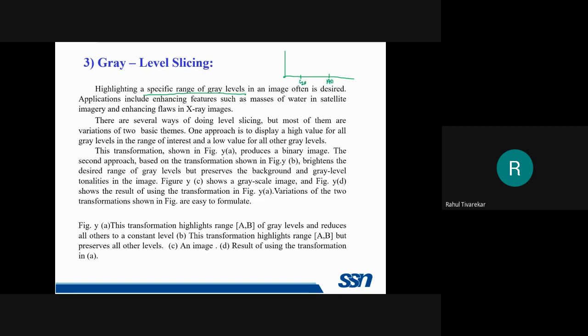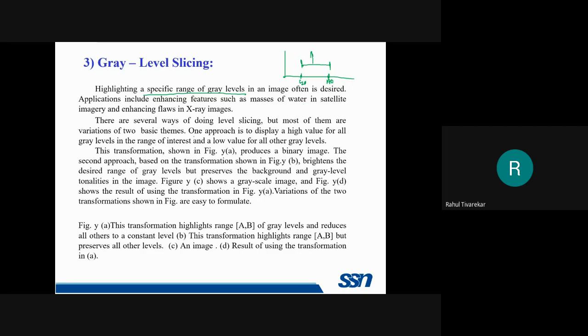So you enhance or amplify the gray intensities in this range, and you keep all the other gray intensities either constant, or you reduce them. Both ways you can do gray level slicing. This is called slicing of gray levels. You take a slice of gray values between 50 and 130, and you provide amplification to those gray intensities, and the rest of the intensities you can keep unaltered.